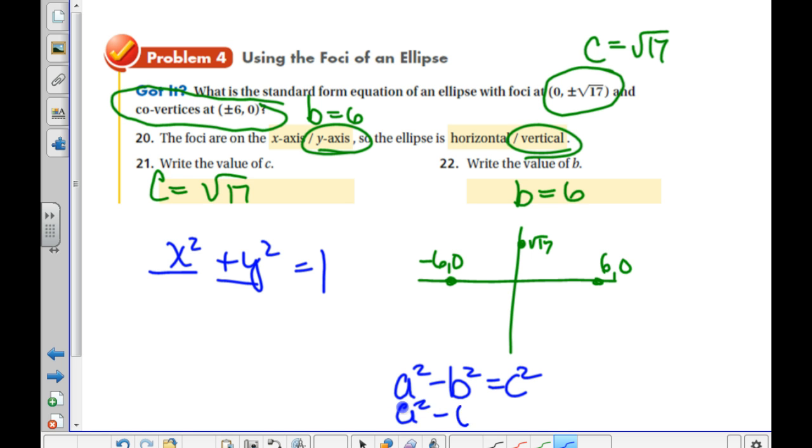A squared minus 6 squared equals 17. So what do we have to do? 17 plus 36, which is, so the square root of 53 is A. I don't know what square root of 53 is, but it's between 7 and 8. So up here somewhere, down here somewhere.